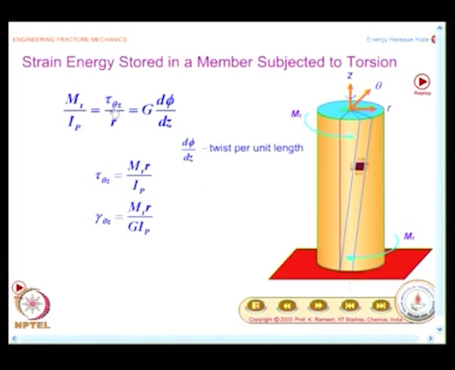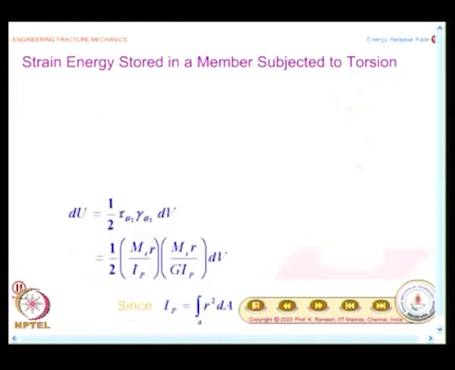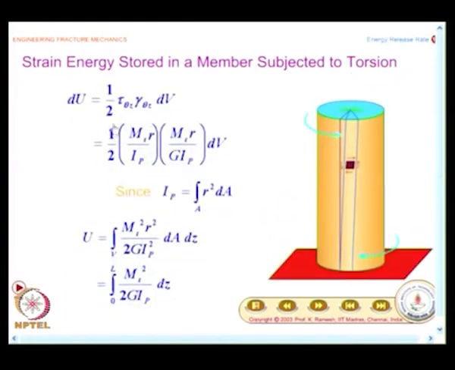So, you have the expression for shear stress as well as the shear strain, and you get the incremental energy as this 1/2 of tau theta z gamma theta z dV, and this could be replaced in terms of the torsional moment applied.